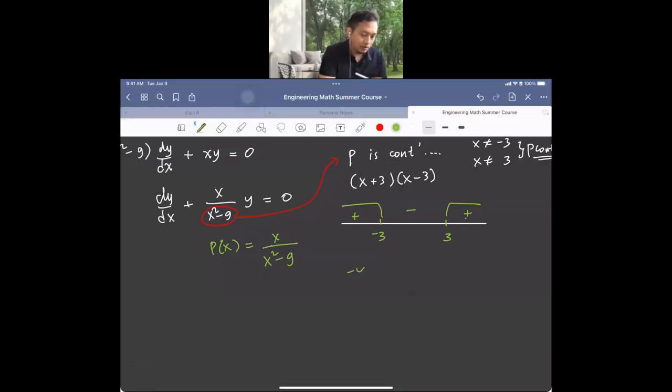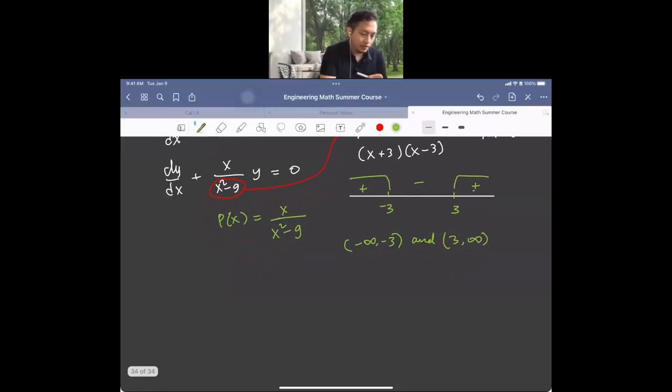So we can take the integrating factor for this. The integrating factor is e to the integral of P. And what is this integral?